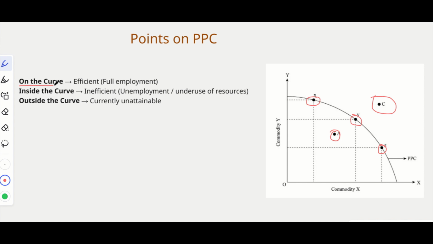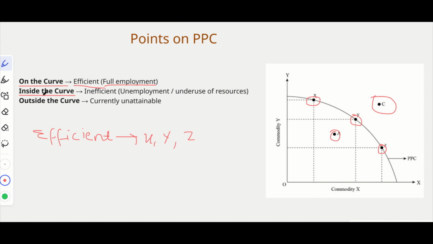When the point is on the curve, like X, Y, Z, they are efficient, which means fully employed. The efficient points from this particular graph are X, Y, and Z.